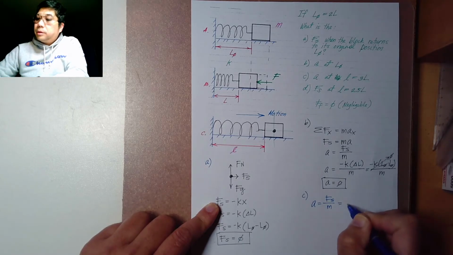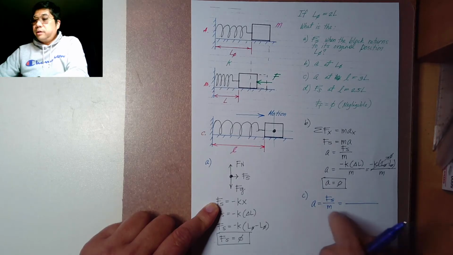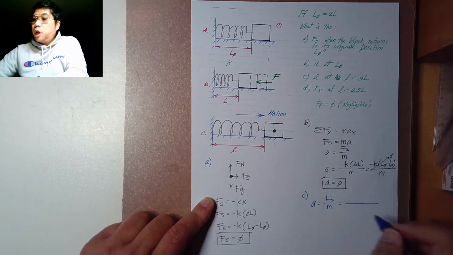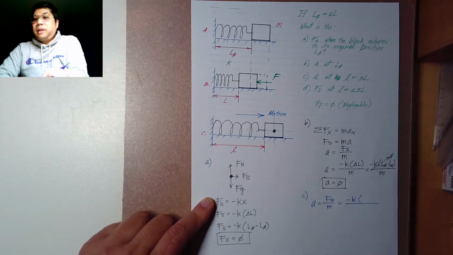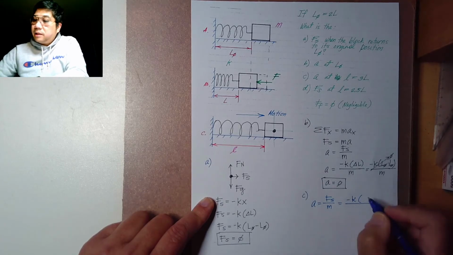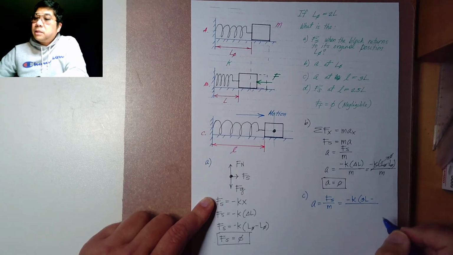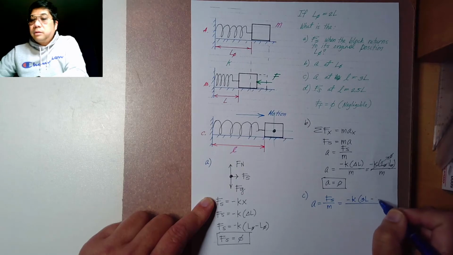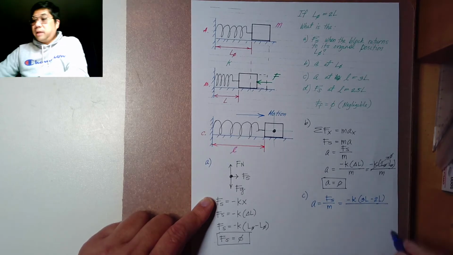Now, the next step is to just look at the value of the force of spring, which is negative k. And then the final L is 3L minus L sub naught, which is 2L. So L sub naught is 2L.